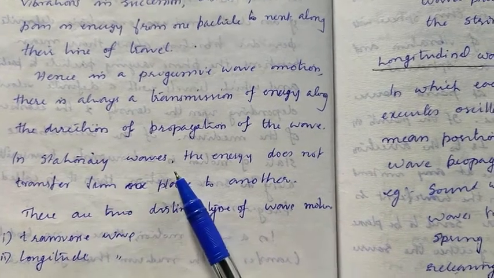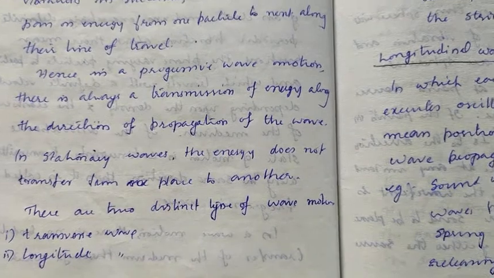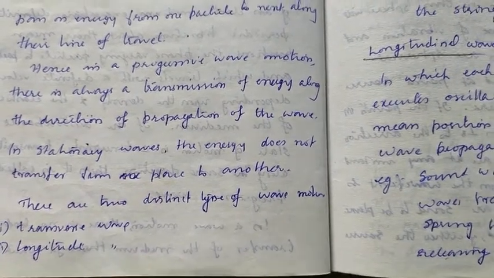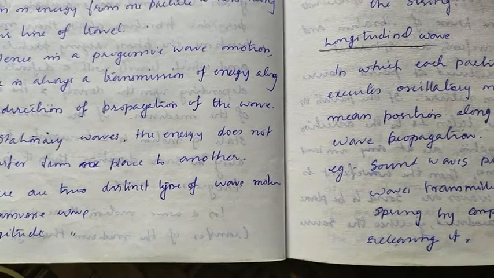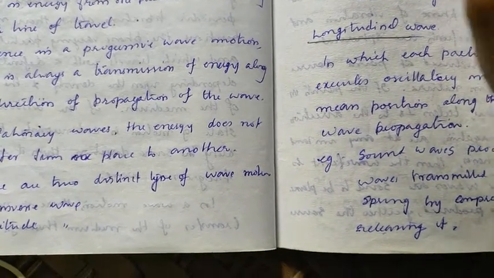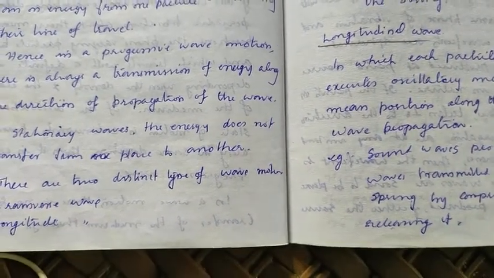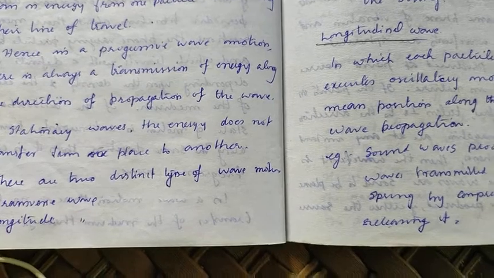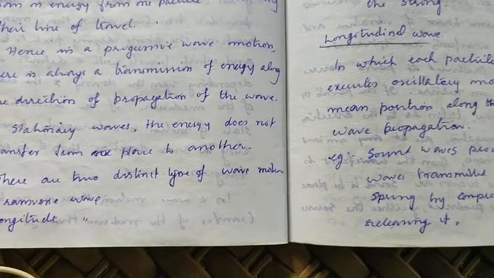In stationary waves, the energy does not transfer from one place to another. Stationary waves means, suppose you have a rope with you, and its two ends are fixed, that is, one end is tied to one point and the other end is tied to another point.